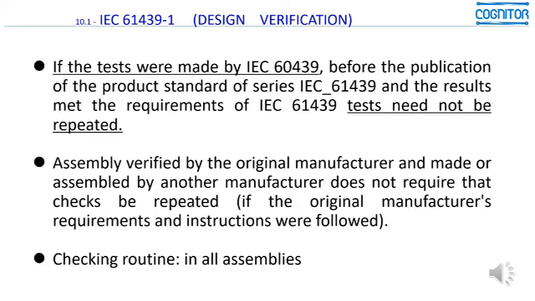This is easy to understand and very clearly written in the standard. But routine checking shall be done in all assemblies. That is, you don't need to repeat the type test, but you need to do all the routine tests in the equipment which was not type tested.